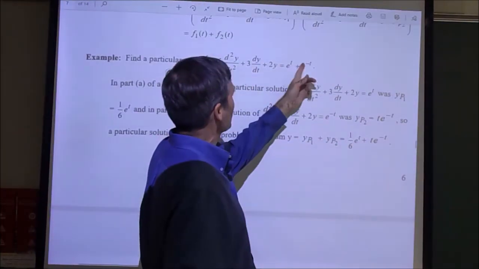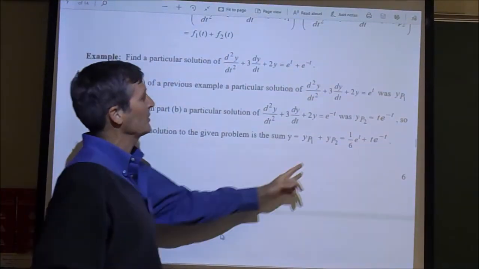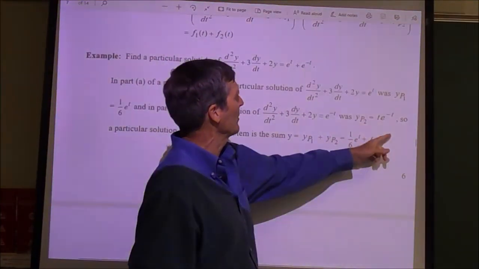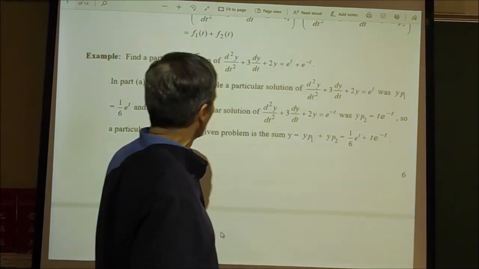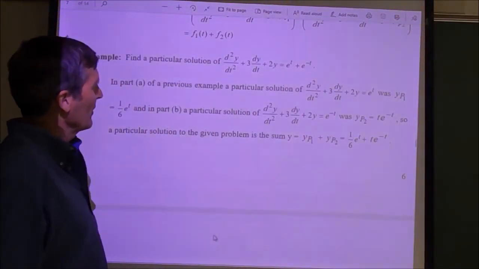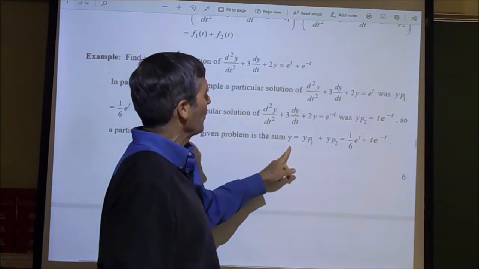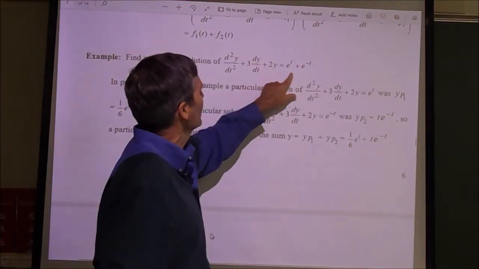So the solution with the sum of those on the right is the sum of these two solutions. 1/6 e to the t plus t e to the minus t is the solution to the problem with the sum of the right-hand sides. There it is. I should call this yp, a particular solution to this problem.